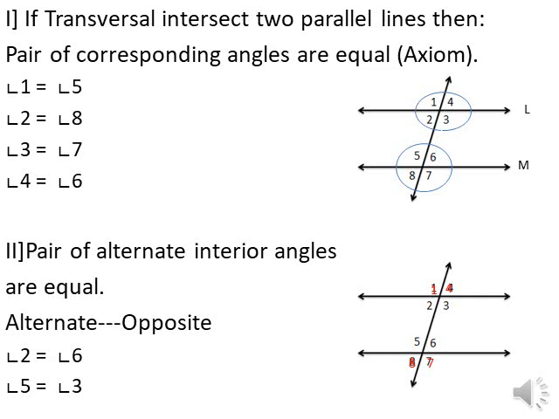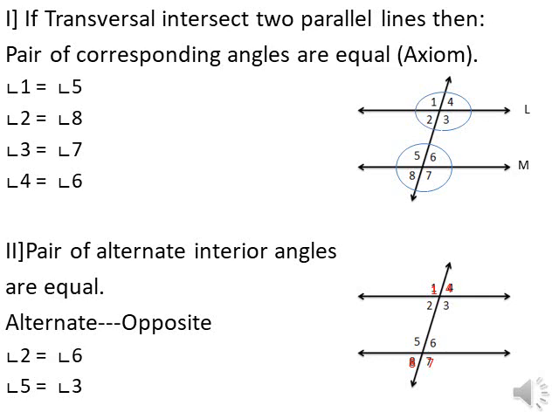Now let us see, if two parallel lines are cut by a transversal, we are getting 8 angles. In today's class we are going to learn about pair of corresponding angles, pair of alternate interior angles and interior angles on the same side of a transversal.